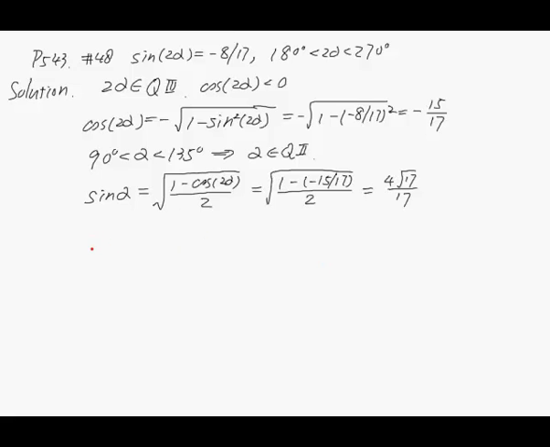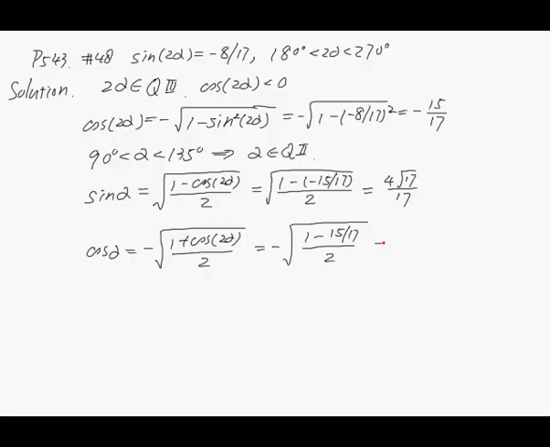Now, we can also get the cosine alpha. Since alpha is in quadrant 2, cosine alpha is negative. And either you can use the half angle identity or you can use the fundamental identity. So right now, I use the half angle identity. So negative square root of 1 plus cosine of 2 alpha over 2. And this is negative square root of 1 minus 15 over 17 and divided by 2.